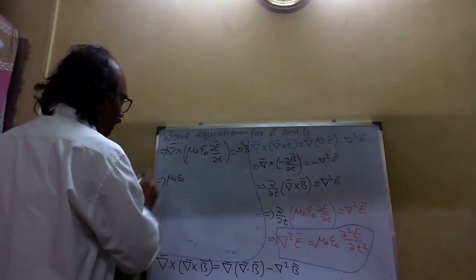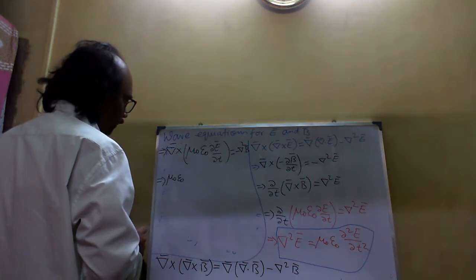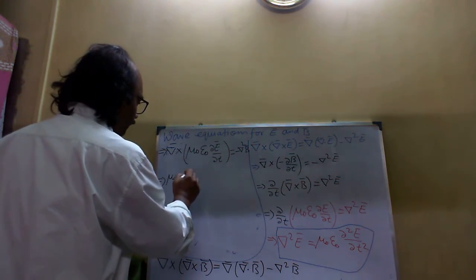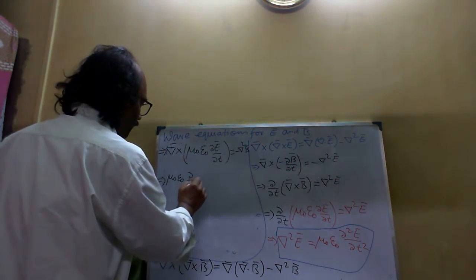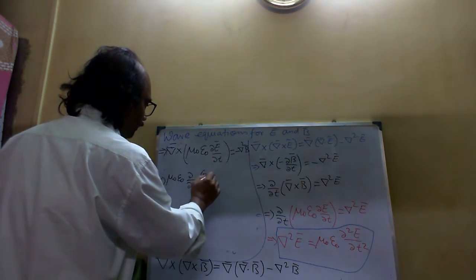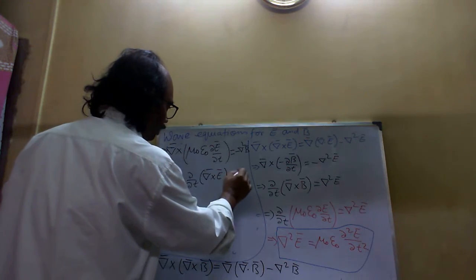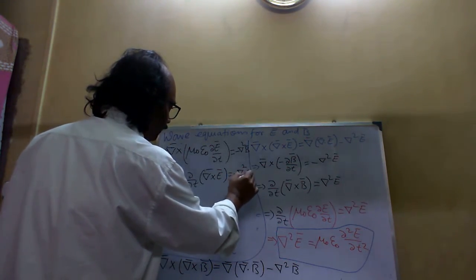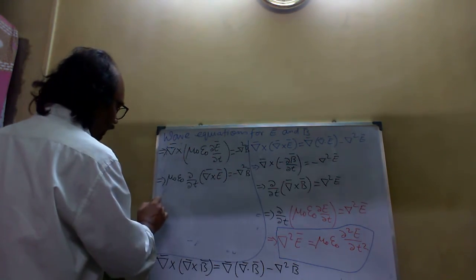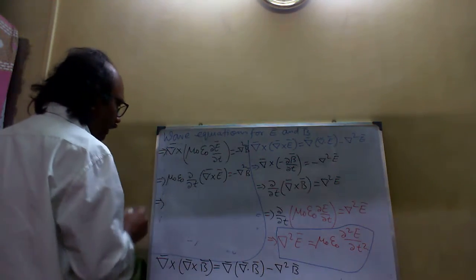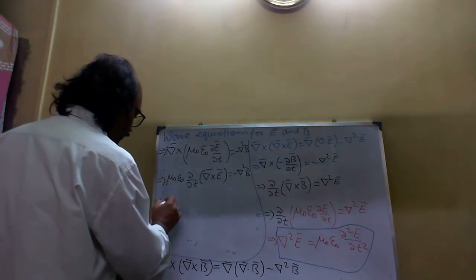Mu naught epsilon naught will come out of the bracket. We'll take curl inside. Curl E is minus del B by del t.